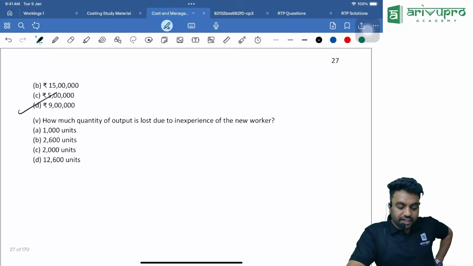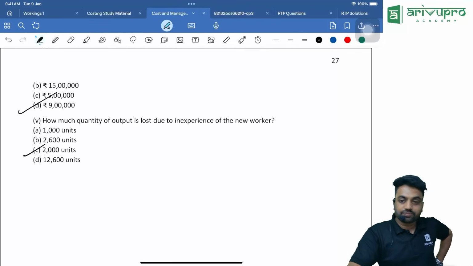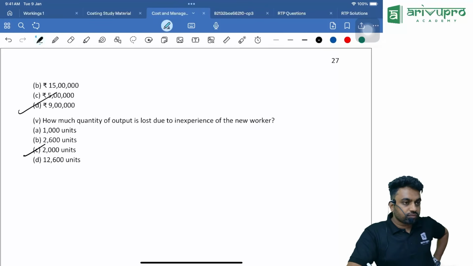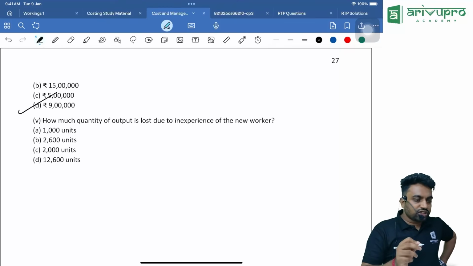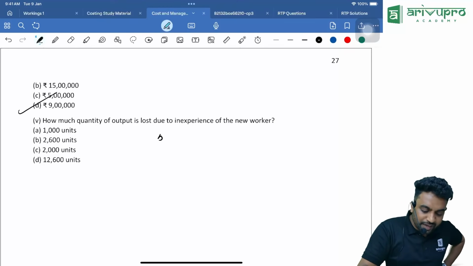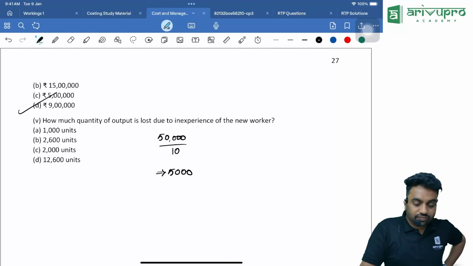How much quantity of output is lost due to inexperience of a new worker? 2,000 units. How? Defective units are not lost, that we are rectifying. See, if you had given 50,000 hours to the experienced worker, they would have produced 5,000 units.